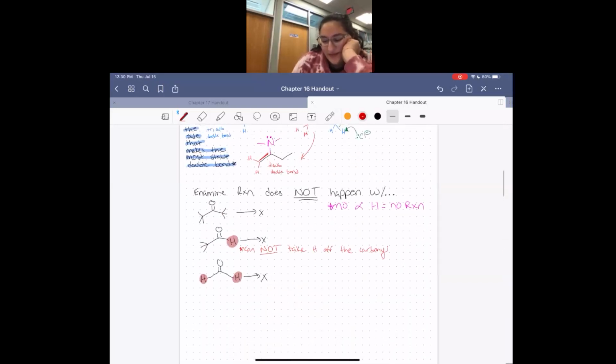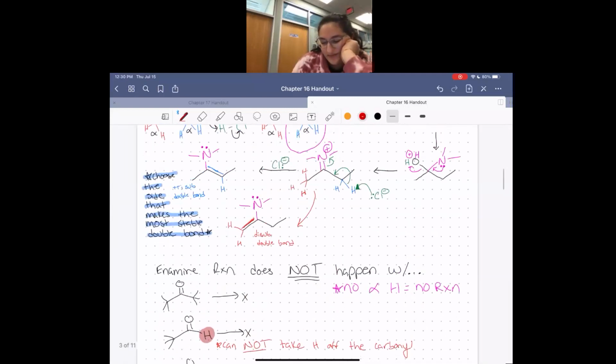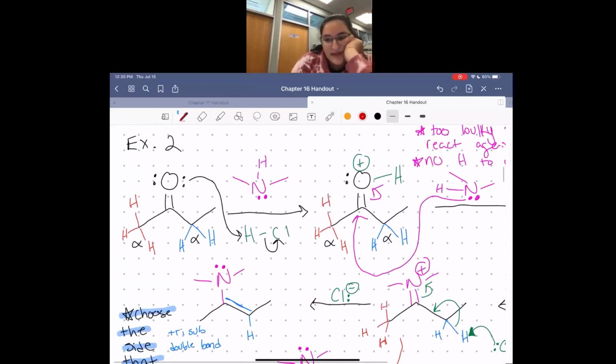So for the enamine reaction, we have our carbonyl, and then we have alpha, and then after that would be beta, gamma, delta, et cetera. In order to do the enamine reaction, we have to take an alpha hydrogen, which means it has to be a hydrogen coming off of the carbon adjacent to a carbonyl carbon.